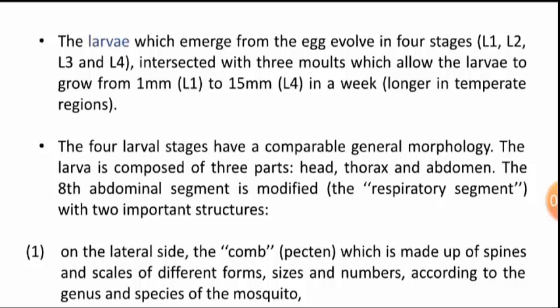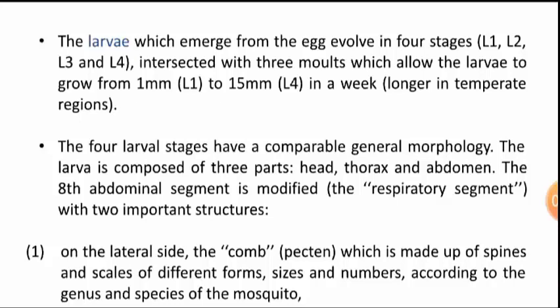The larvae which emerge from the egg evolve in 4 stages, L1, 2, 3, and 4, intersected with 3 molts, which allow the larvae to grow from 1 mm to 15 mm in a week. The 4 larval stages have a comparable general morphology.